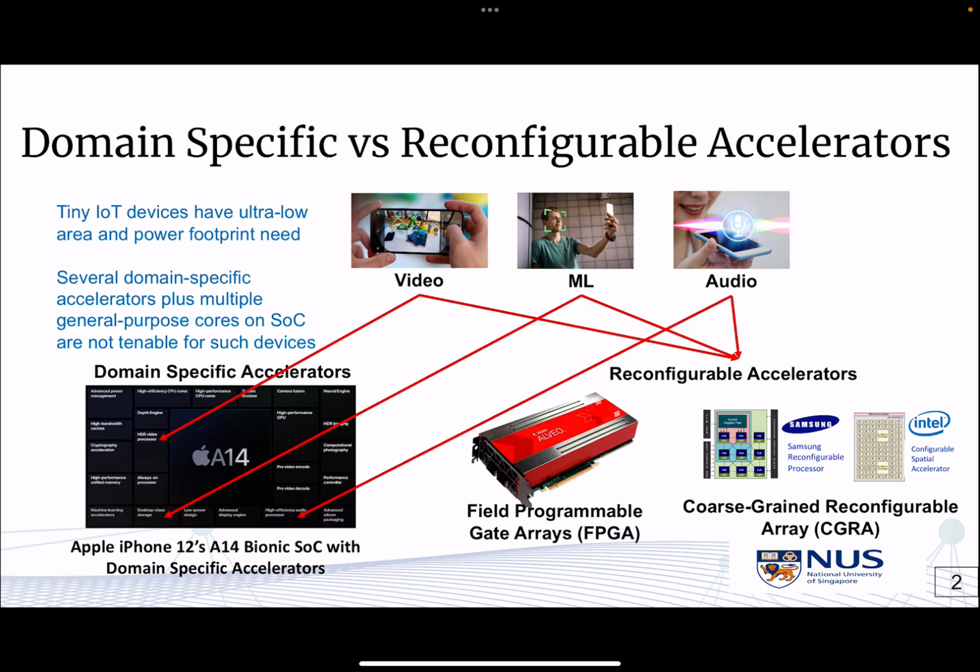The most well-known reconfigurable accelerator is the FPGA, which offers bit-level reconfigurability. In comparison, coarse-grain reconfigurable arrays, or CGRAs, offer word-level reconfigurability, which is a much more power-efficient alternative to FPGAs.